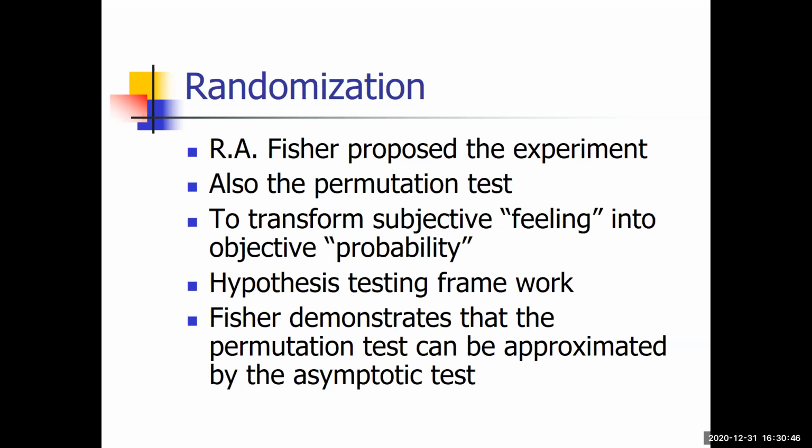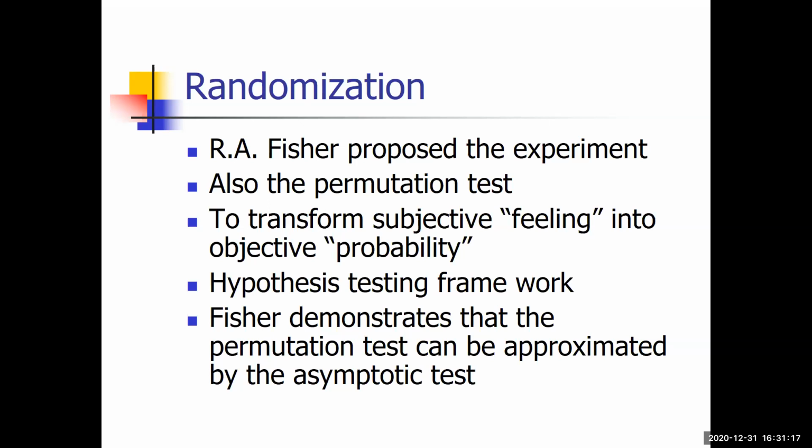Remember earlier we talked about the lady tasting tea example. The professor who proposed this test is R.A. Fisher, and nowadays that test is known as Fisher's exact test. He also proposed the permutation test, with which you can get a hypothesis test.